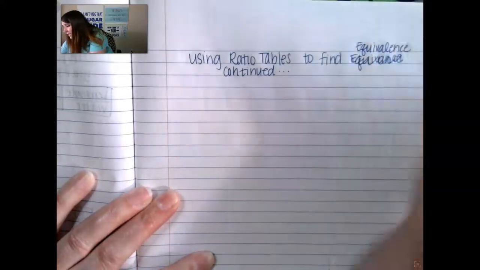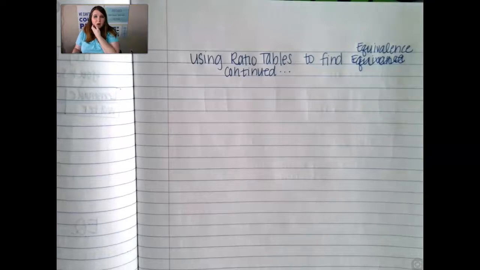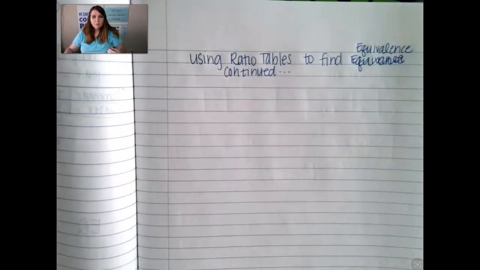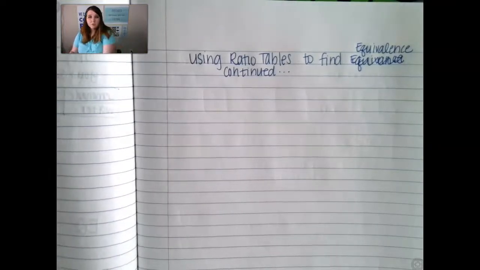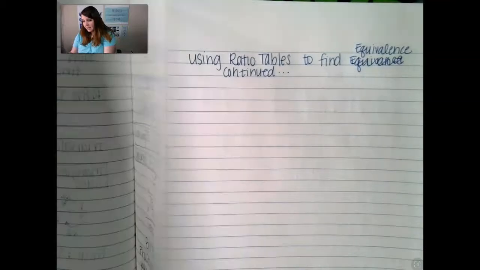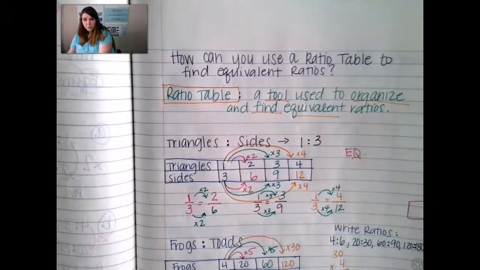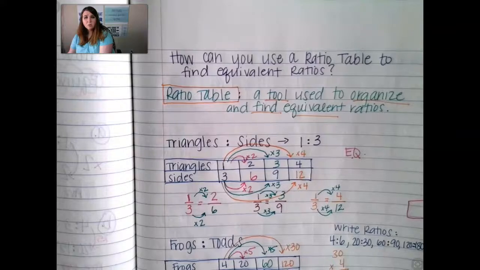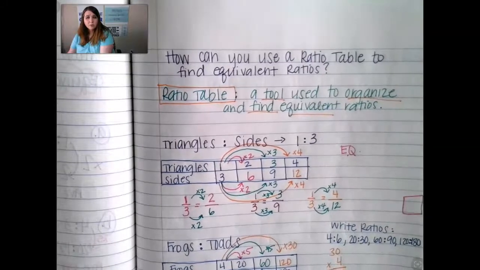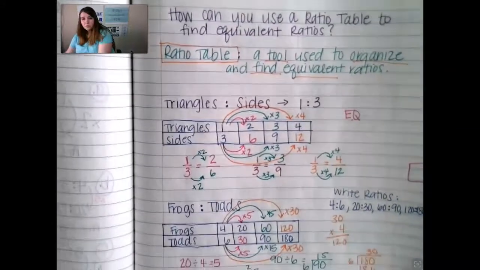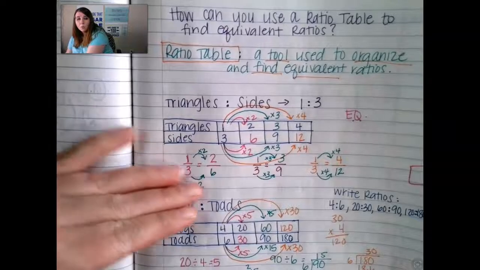Equivalence. Okay, so today we are looking at ratio tables and using ratio tables to find equivalence, and that is continued. Yesterday we were looking at how to use a ratio table to find equivalent ratios, and all of our tables were horizontal.